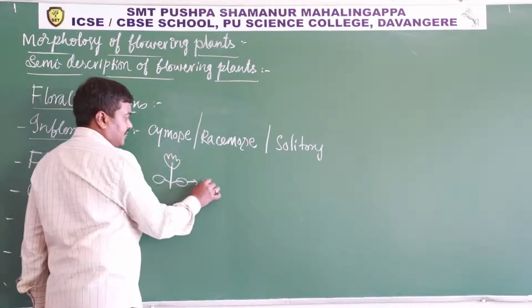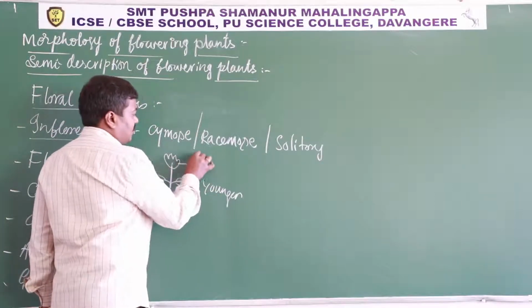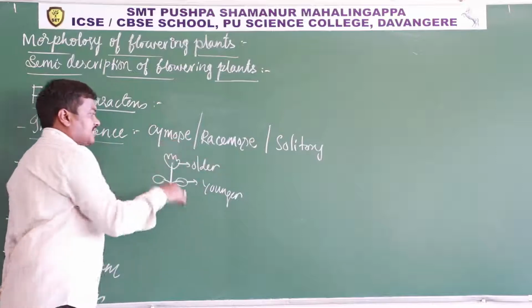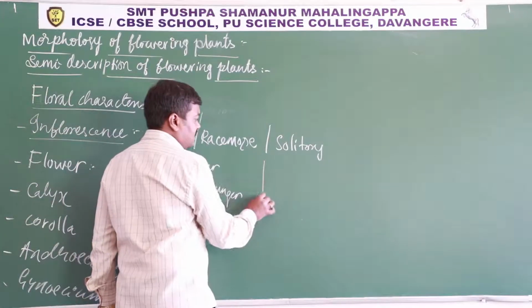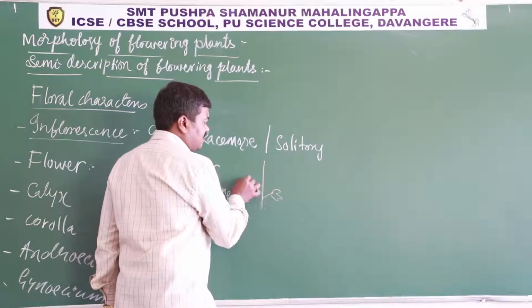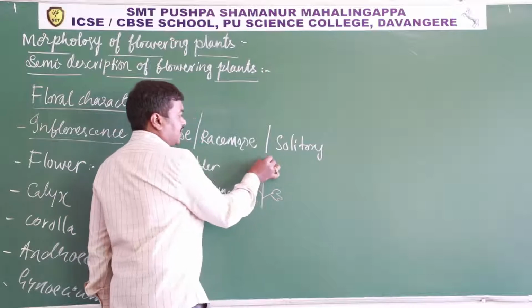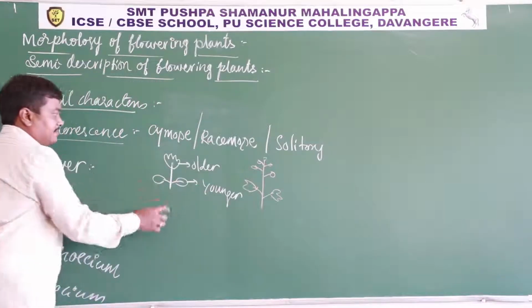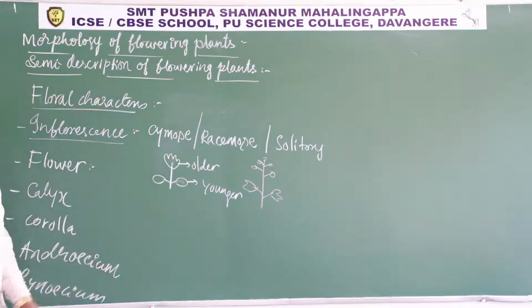So this is younger and this is an older flower. Whereas in racemose inflorescence, older at the base, younger at the tip. So that we call acropetal, and this one, since it is at the base, we call basipetal. So this is about cymose and racemose inflorescence.